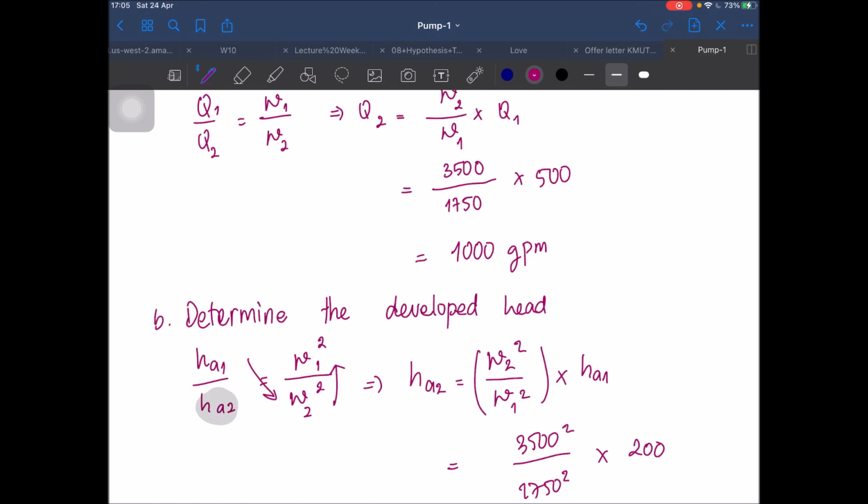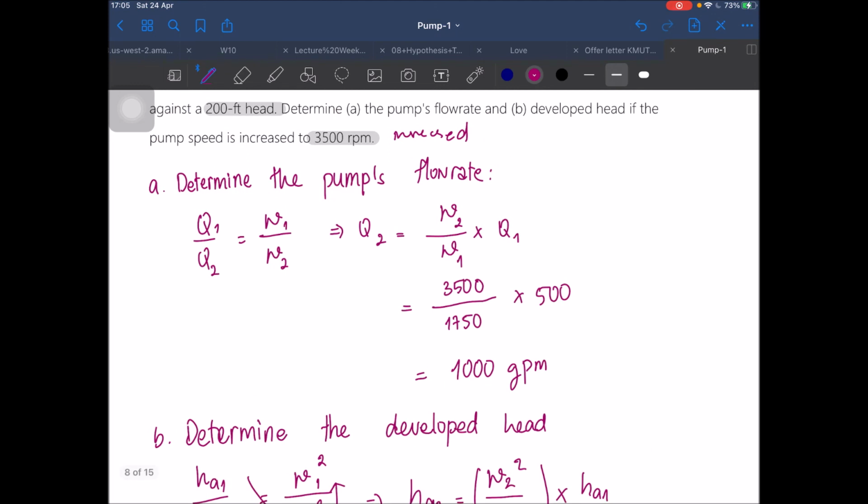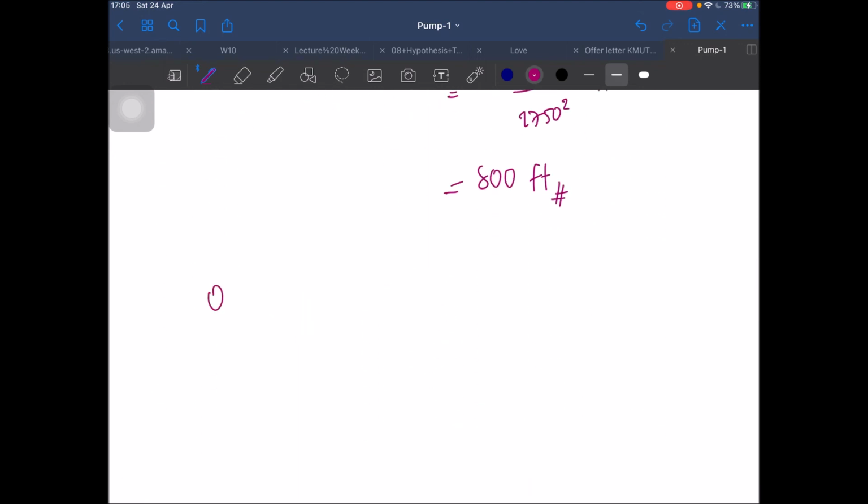Okay, so now we have done so many exercises so far. We have this formula, Q1 over Q2 equals omega 1 over omega 2, HA1 over HA2 equals omega 1 squared over omega 2 squared.